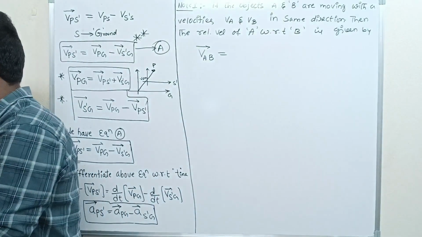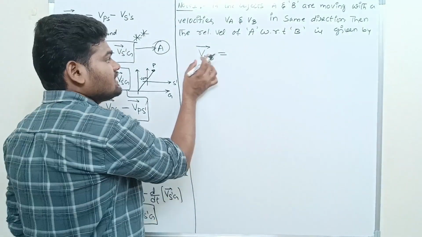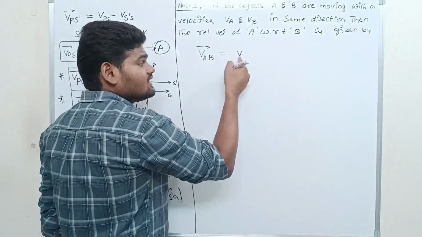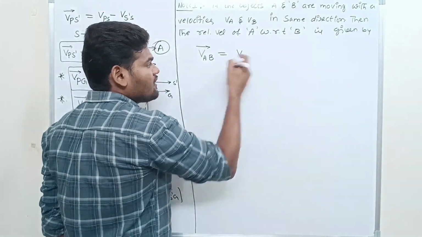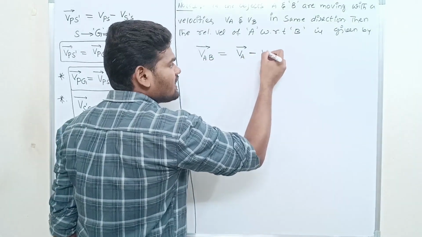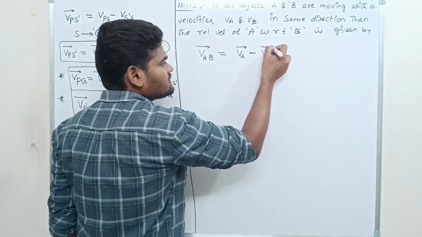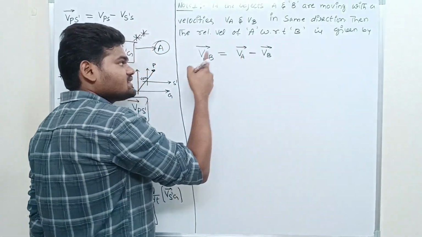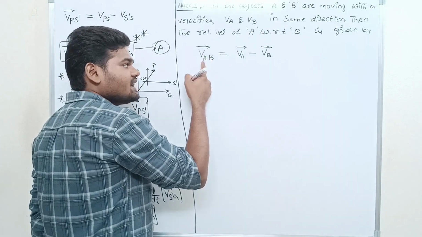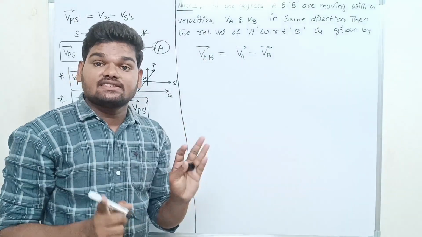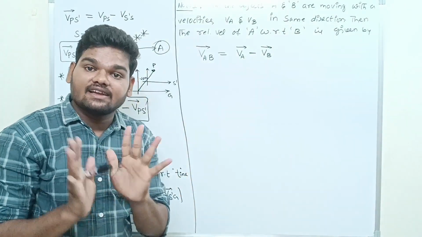So relative velocity means the difference between the velocities of the given two objects, here object A and object B. So VA minus VB. This is the relative velocity. Okay, is it clear? Any doubts?